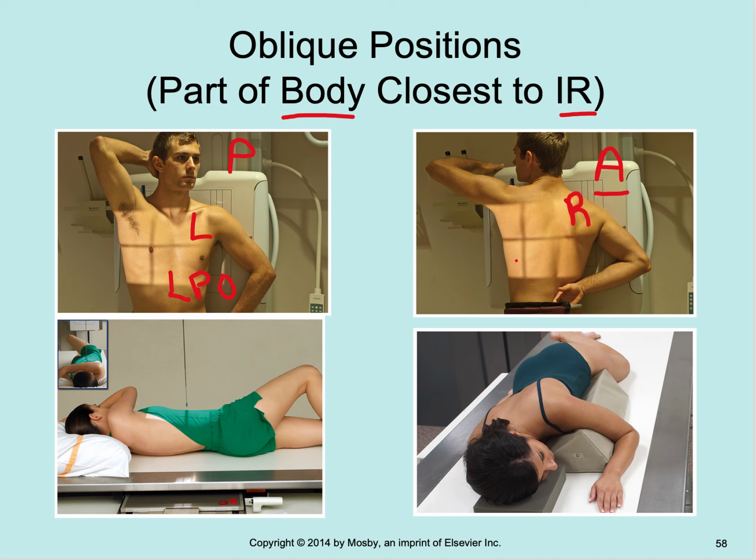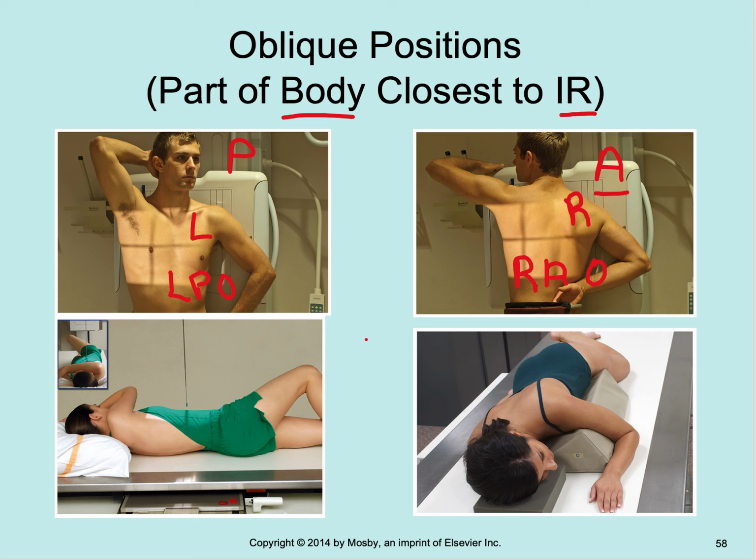So we describe this as the right side, the anterior portion, and it is obliqued. So this is an RAO position, the right anterior being obliqued, RAO.